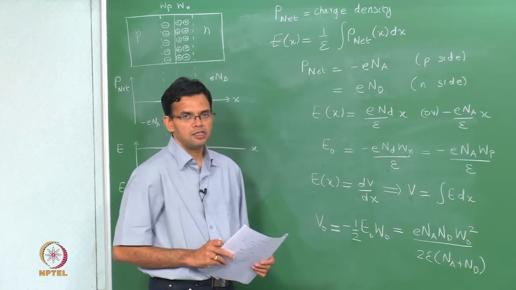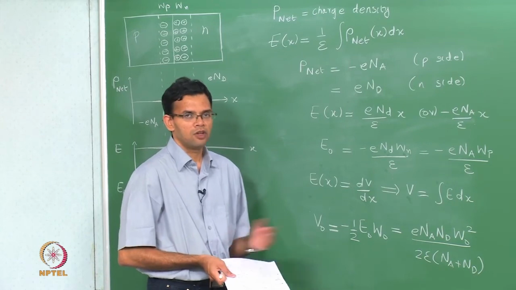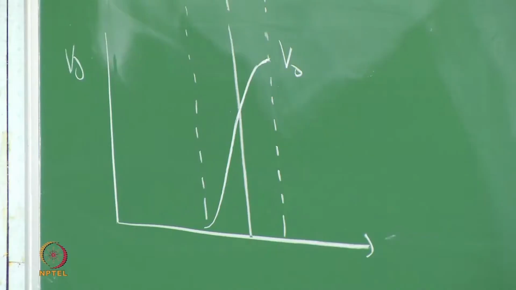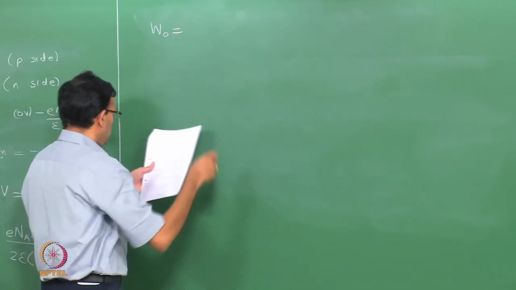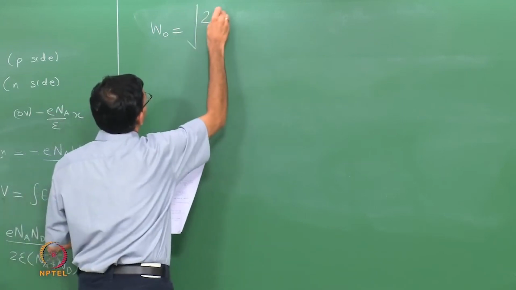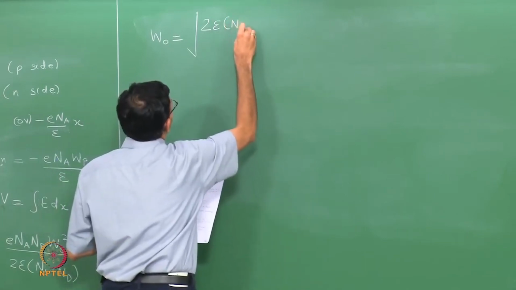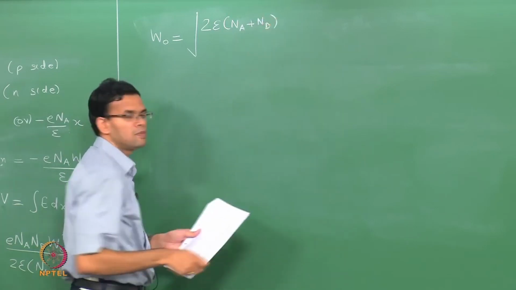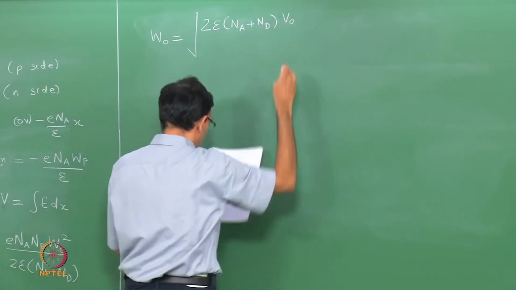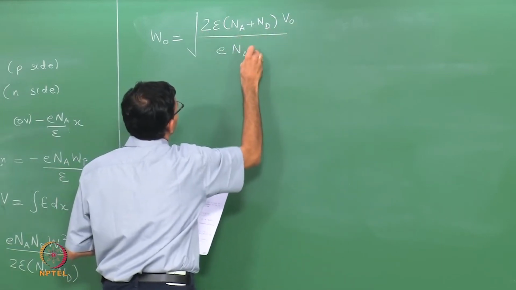Let me rearrange this to get the total width of the depletion region in terms of the contact potential. If we rewrite this expression, we get W naught is the square root of 2 epsilon (NA plus ND) times V naught over e NA ND.